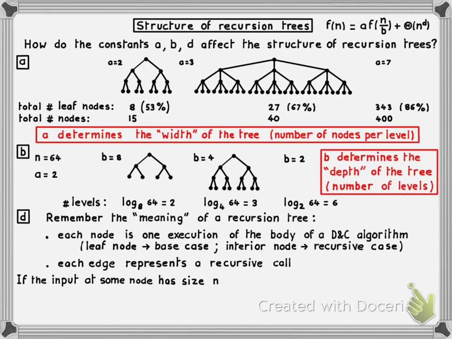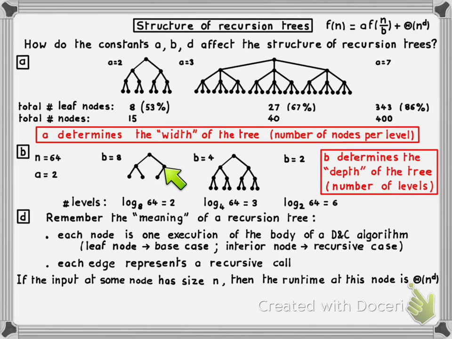So if the input at some node has size n, then the runtime at this node is just on the order of n to the power d. That's the function g of n that we are looking at specifically here. So in other words, for every one of these interior nodes, the runtime is n to the power d, because the input size is n here.